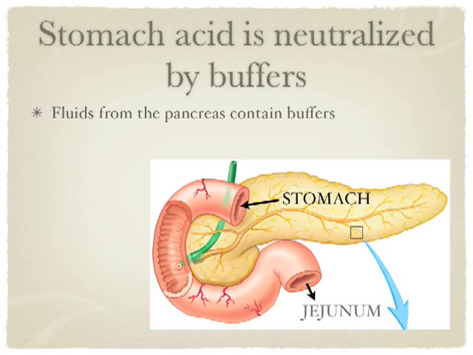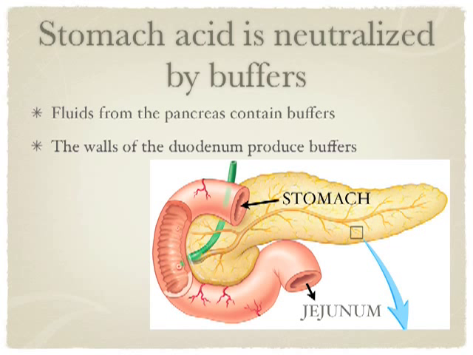And much of the fluid, you can see the little tube in the pancreas, that pancreatic duct is collecting fluid, and much of this fluid contains buffers. And perhaps from chemistry, you remember that buffers are chemicals that neutralize pH, either by neutralizing acids or neutralizing bases, either one. So the walls of the duodenum itself also produce buffers.